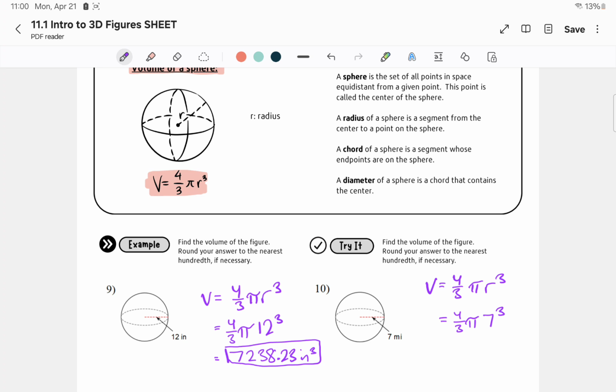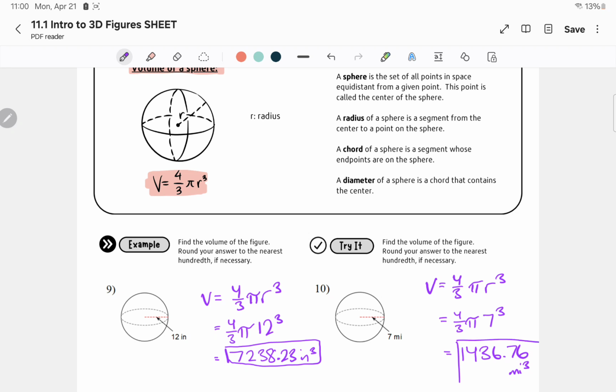That gives you 4/3 as a fraction. Times pi times 7, then the exponent key, which is that arrow looking thing above the square key, and then 7 to the 3rd power. So type in 3, then hit equals. And you get 1,436.76, to round it, cubic miles, okay?